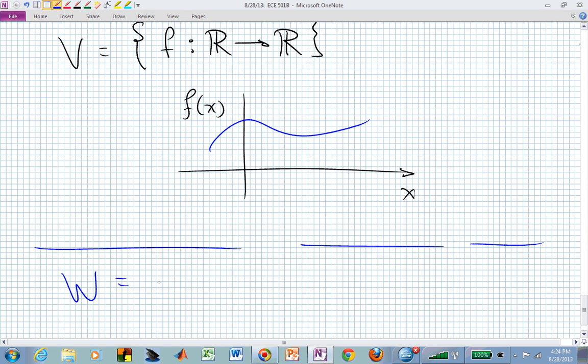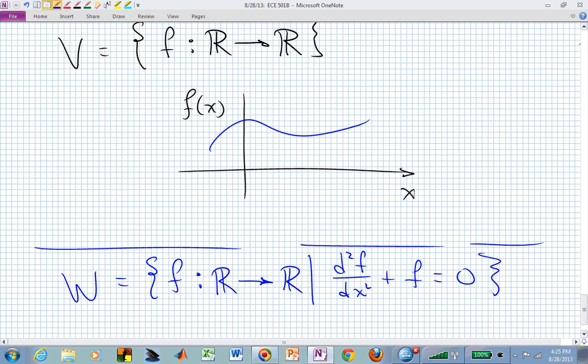Suppose we say W is the set of functions f that take as their arguments real numbers and map into real numbers, but such that, that's what that vertical bar means, those functions satisfy a differential equation: the second order derivative of that function with respect to its argument x, plus the function itself, is equal to 0.